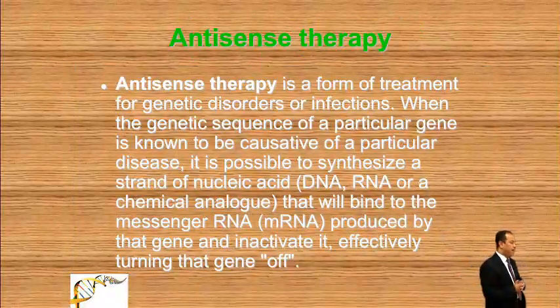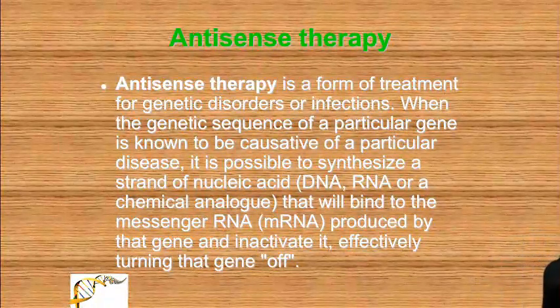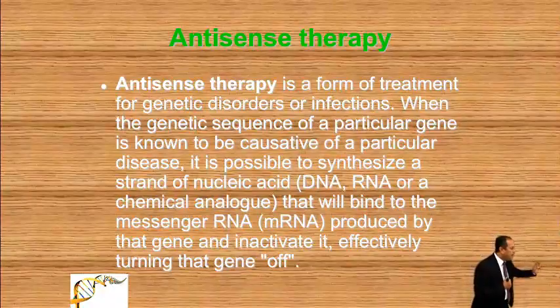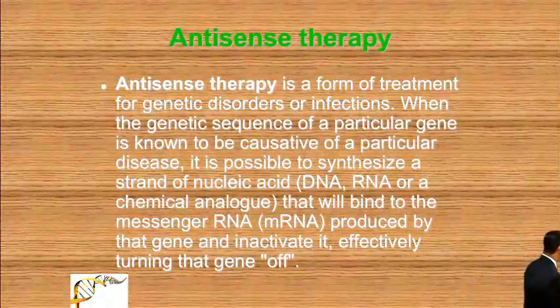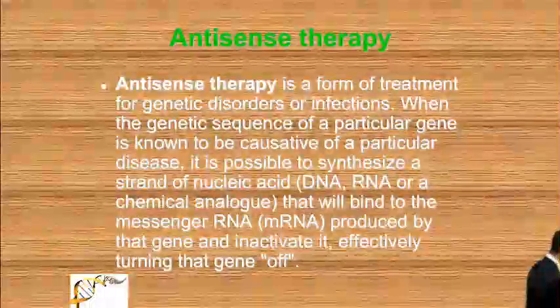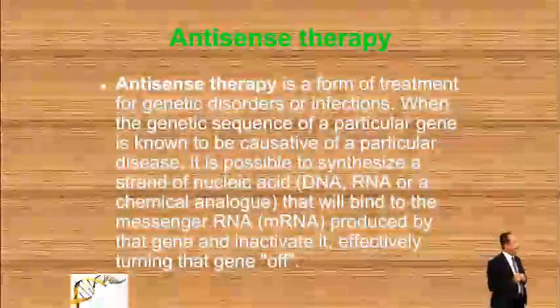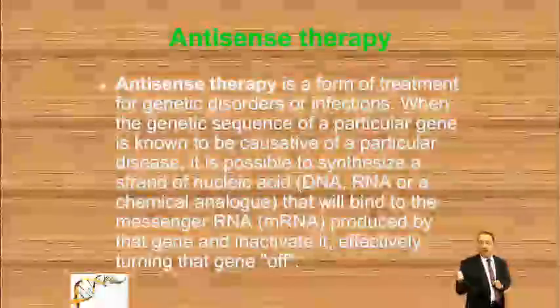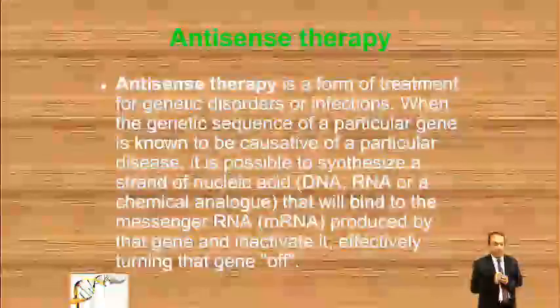Now, after we understand gene therapy, what does it mean by antisense therapy? Till now, do you have any questions regarding what I said here? Okay. Antisense therapy is a form of treatment for genetic disorder or infection.